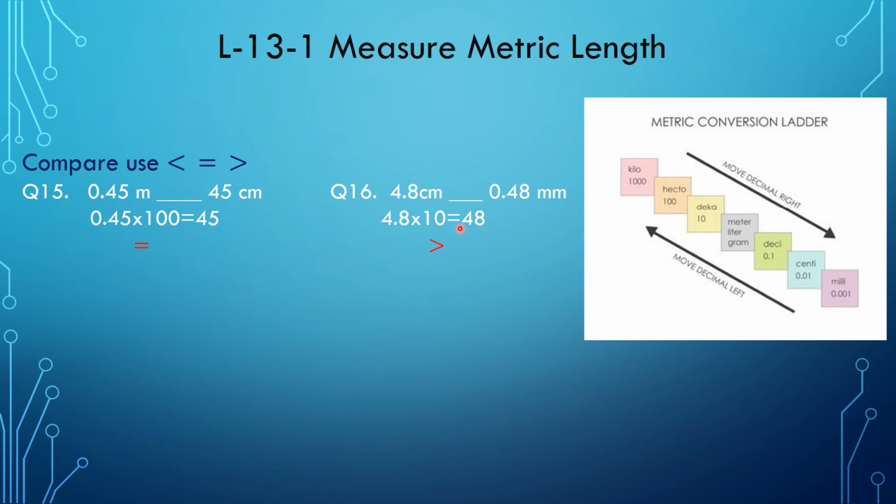It is 48. That means 48 is greater than 0.48. That means 4.8 centimeter is equal to how many millimeters? 48. I think that's why it will be a greater. 48 is greater than 0.48.